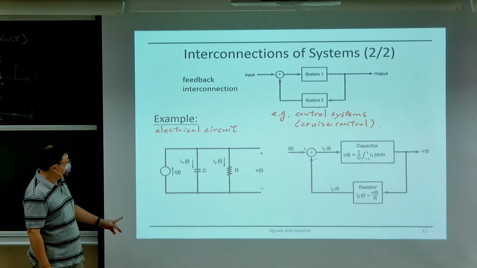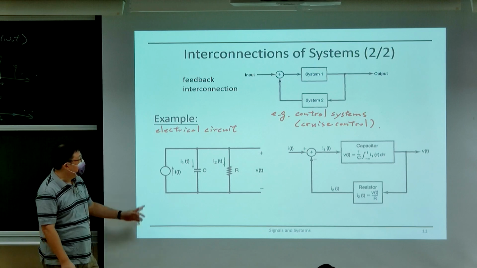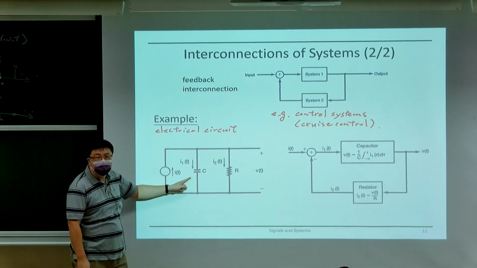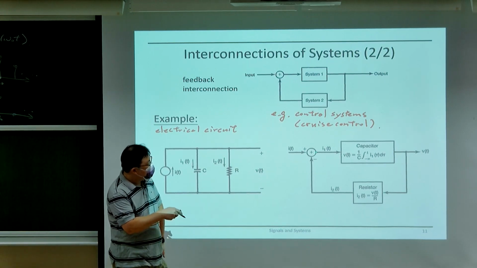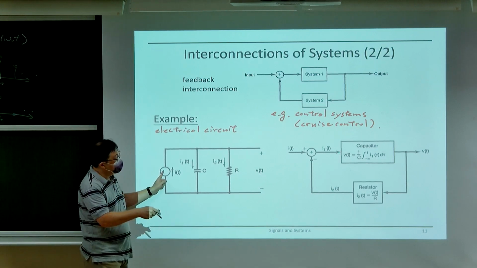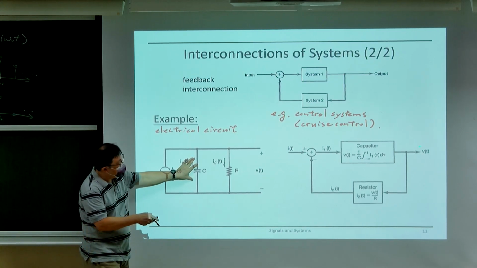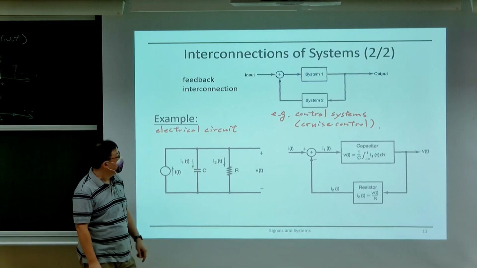Suppose that you view this current source as the input to a capacitor system, okay? So then you can draw this input-output like this, right? So you have an input current source, I of t, going to a capacitor system, and you let the voltage across the capacitor be the output, okay? So V of t is the voltage across the capacitor, okay?